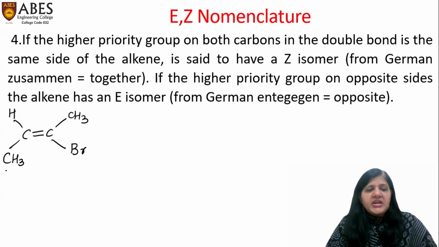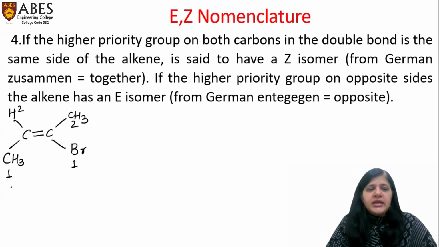This methyl group has high priority, assigned as 1, as compared to the hydrogen, which is assigned priority 2. Similarly, now assign the priority to both groups present on the second carbon atom. Bromine is 1 because it has higher atomic number as compared to the methyl group. Methyl group has second priority.